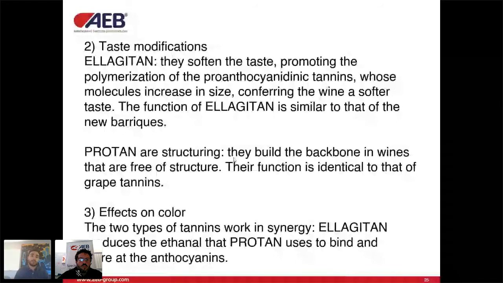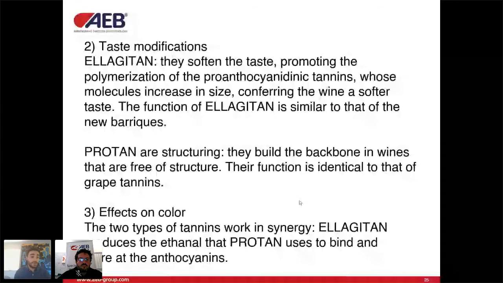While the proanthocyanidic tannins are more structuring, so they create the backbone of the wine, and they behave like skin or seed tannins depending on the origin.